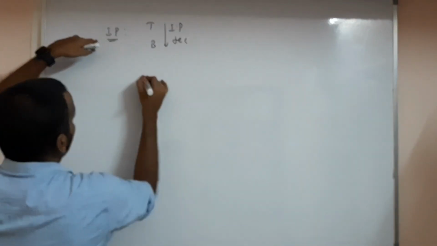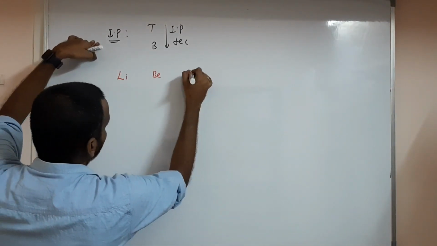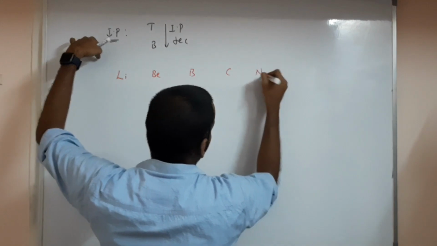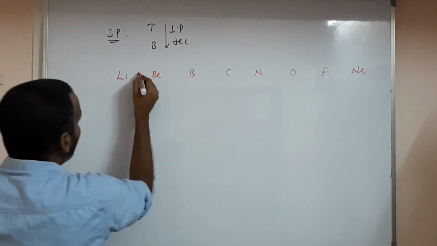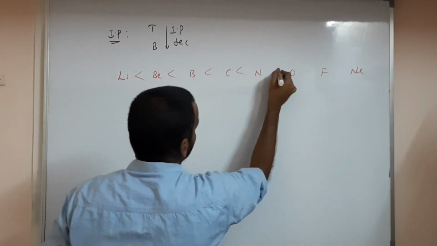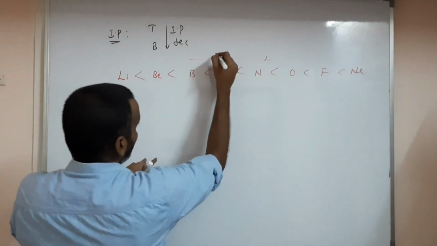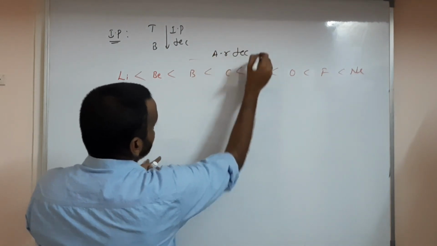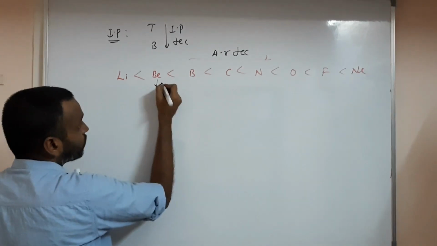Left to right, suppose lithium, beryllium, boron, carbon, nitrogen, oxygen, fluorine and neon. We expect a steady increase, because atomic radius is decreasing. But that also depends on configuration.